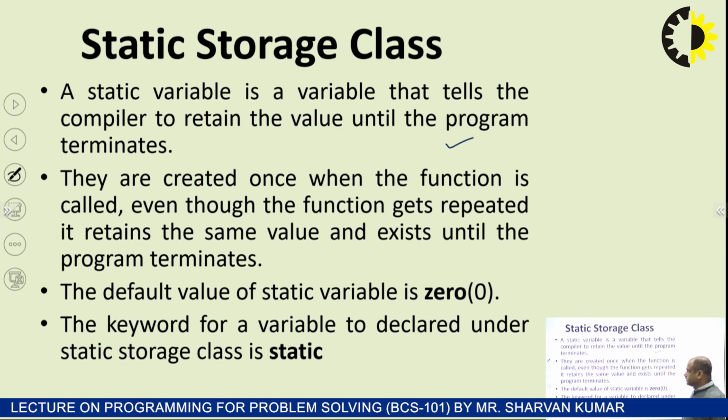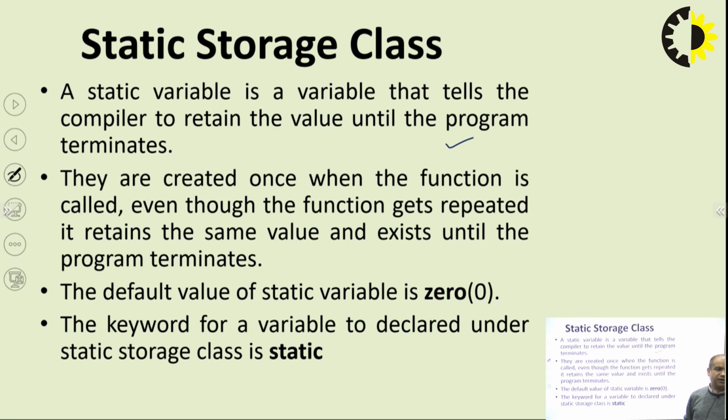They are created once when the function is called, even though the function is called repeatedly, it retains the same value and exists until the program terminates. The default value of a static variable, if it is of integer type, will be 0, and for float it will also remain 0.0. The keyword for a variable declared under static storage class is static.